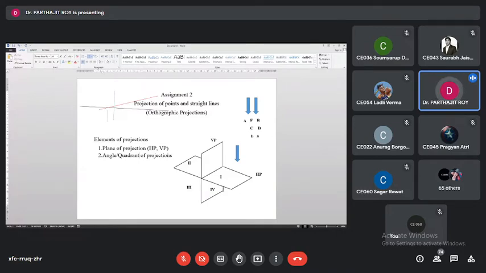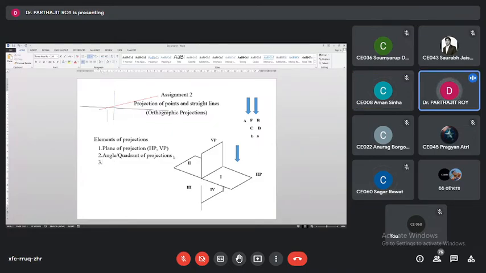For the third angle, it will be behind the vertical plane, below the horizontal plane, and finally for the fourth angle, below HP and in front of the VP. Is it clear up to this? Yes, sir. So let's proceed further.